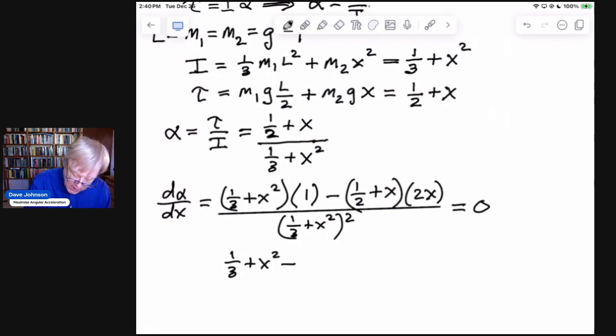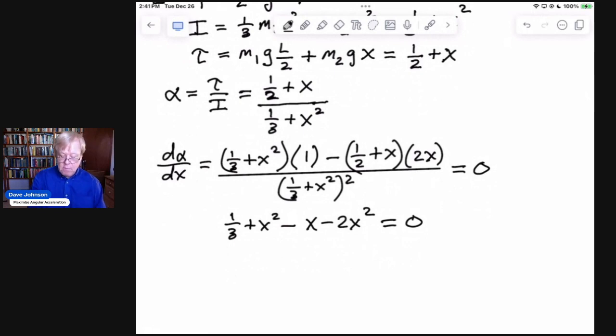minus, now let's just go ahead and multiply this out. The 2x times 1/2 is x, and then distribute the minus sign, so we get minus 2x squared, and that's going to equal 0.